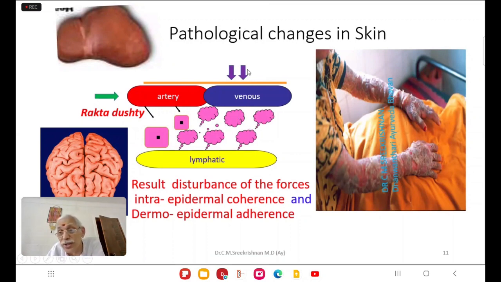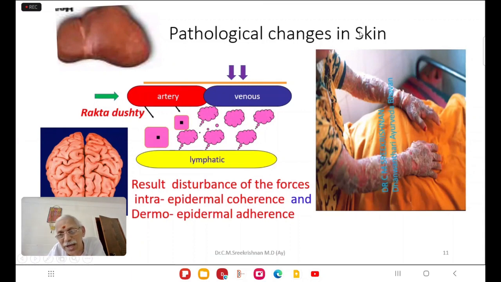Here the treatment is Shodhana therapy. By doing this Shodhana, and here I actually have one Raktamokshana class. Why is Raktamokshana very effective in skin disease? By extraction of some venous blood from here, you are creating a negative pressure on the venous pool. By that, the waste will be absorbed very easily into the veins, and we can eliminate it from the body. By that, more nutrition from the artery will be passed here.